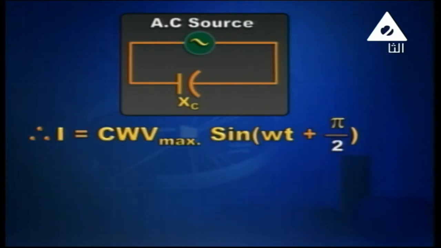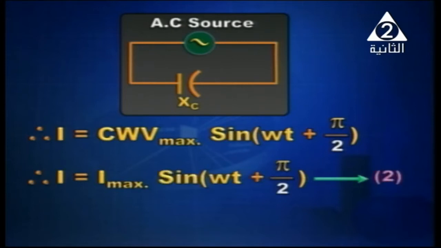Once again, cosine is replaced by sine, so it is omega t plus pi over 2. I is equal to C omega V maximum sine of omega t plus pi over 2. So I is equal to I maximum sine omega t plus pi over 2.